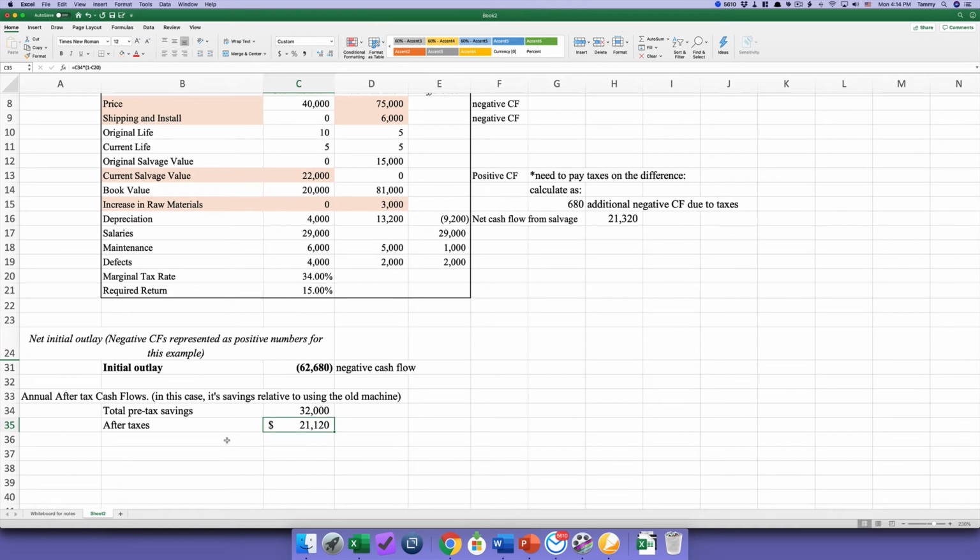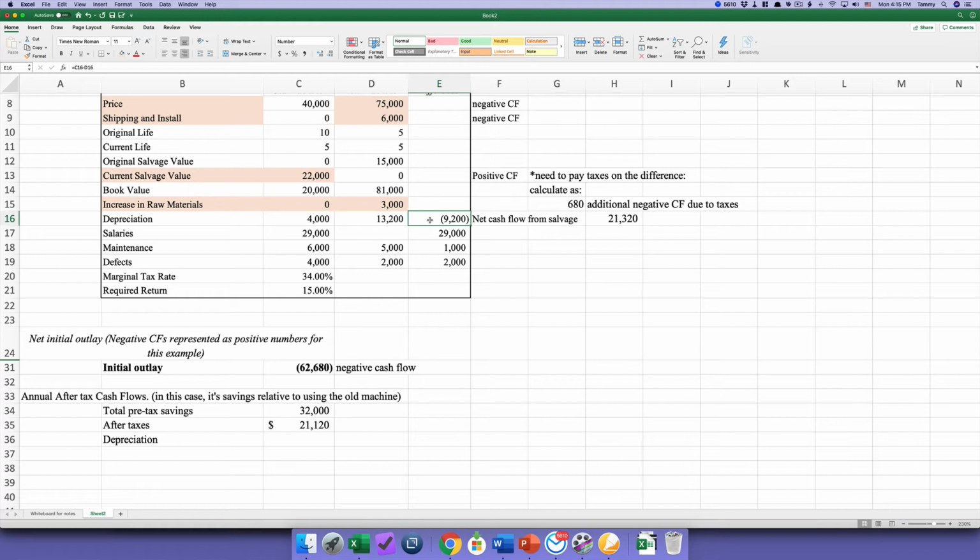In addition, we are going to have an additional depreciation expense of $9,200 every year. Now, depreciation is a non-cash expense. That means that we gain the tax benefits of depreciation of that operating expense without having to actually pay cash for those tax benefits.